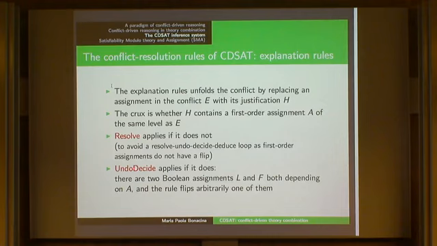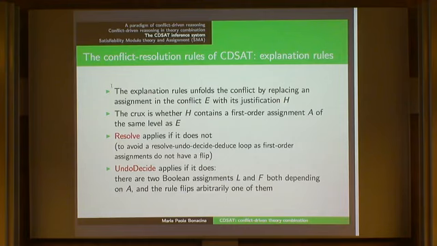And what do these 2 rules do? Resolve does just this. It replaces A with its justification H. The proviso that H does not contain a first order assignment is to avoid a loop. A loop which cannot happen with purely Boolean decisions, but can happen with first order decisions. Why?